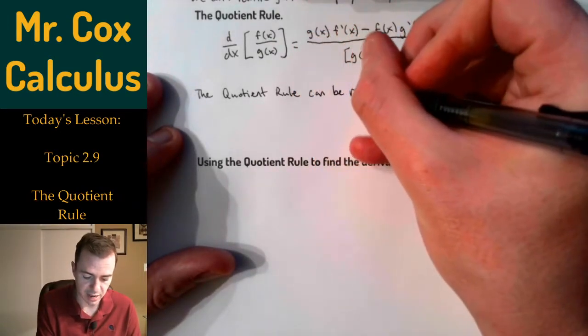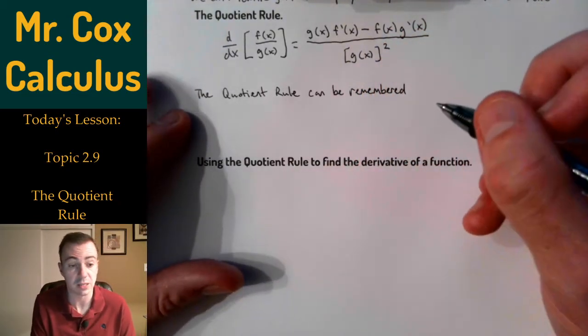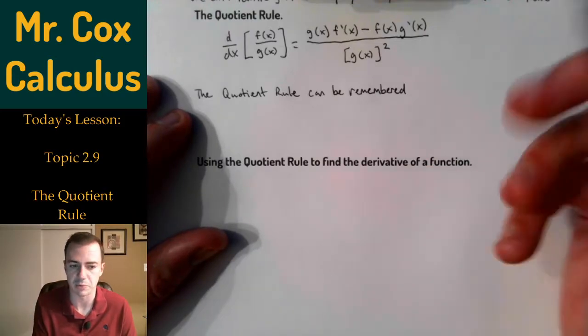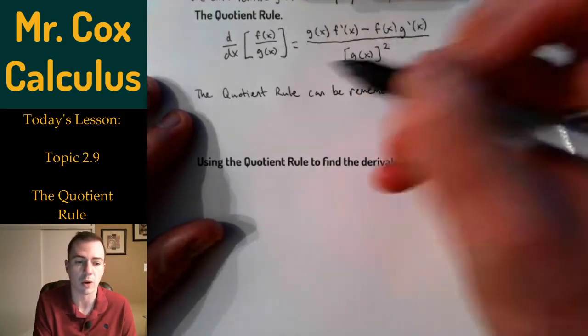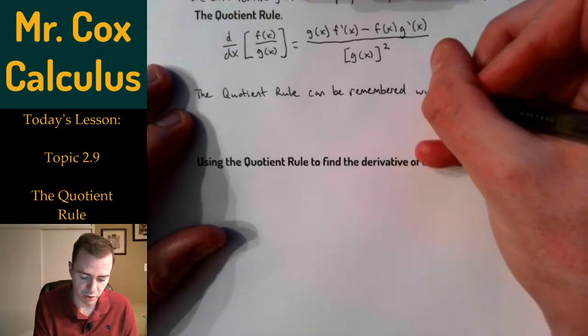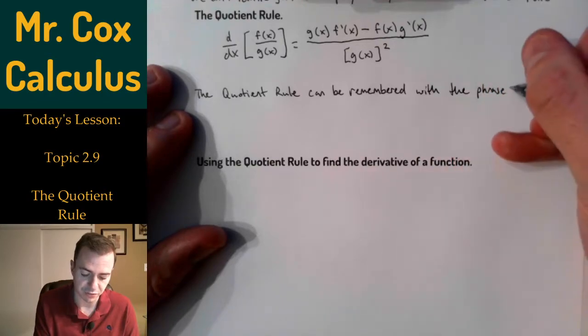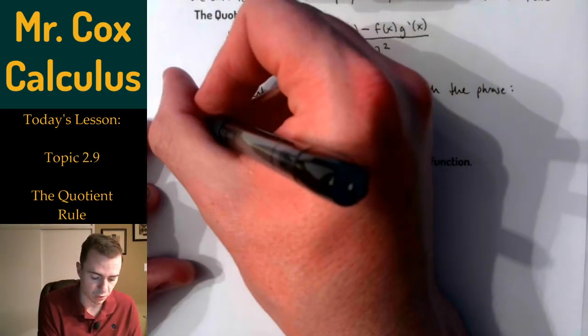This is the phrase I always give. It's a little bit cheeky, but it does help you remember it. In fact, I oftentimes will hum it to myself just to make sure I get the ordering right, because the order matters here with the quotient rule. So it can be remembered with the phrase. And I'll walk you through what this phrase represents.